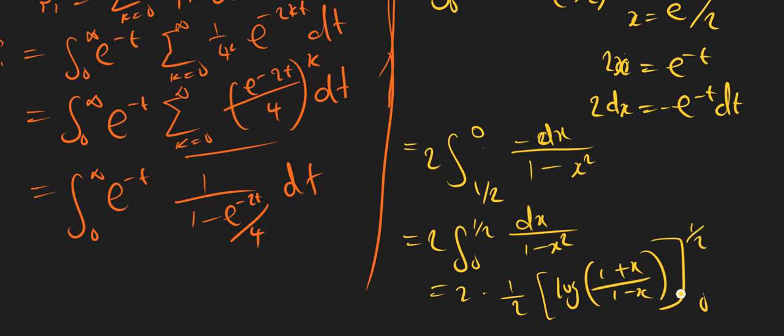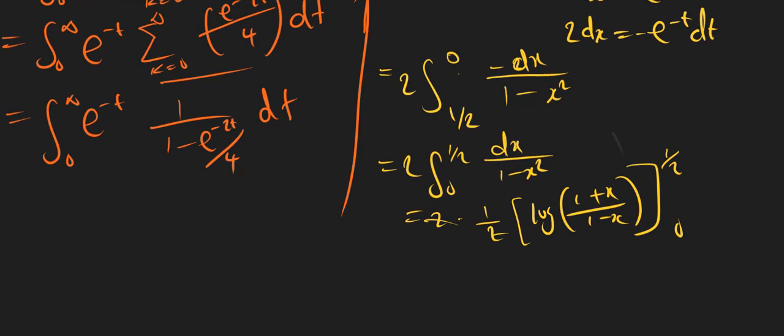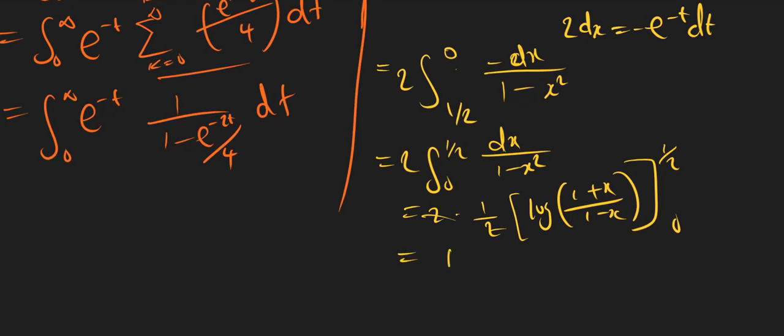Of course, at 0 this will vanish because logarithm of 1 is 0, and also the 2 and the half cancel out. So we are dealing with the logarithm of 1 plus half divided by 1 minus half, and of course that is logarithm of 3.